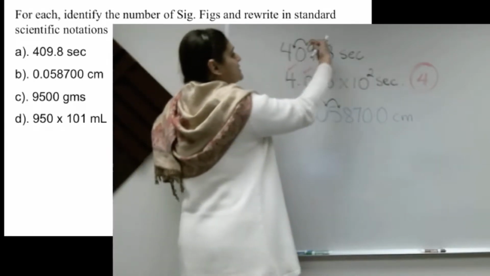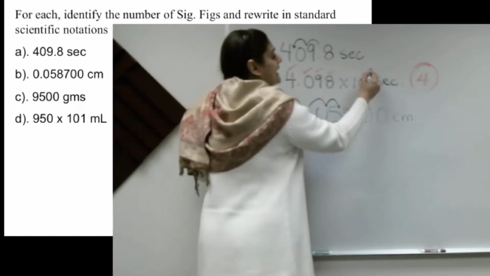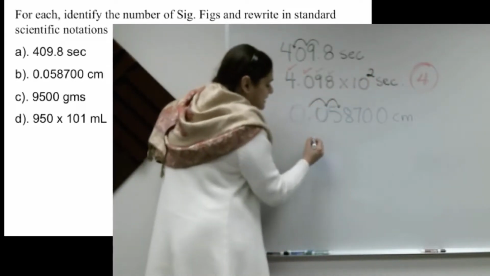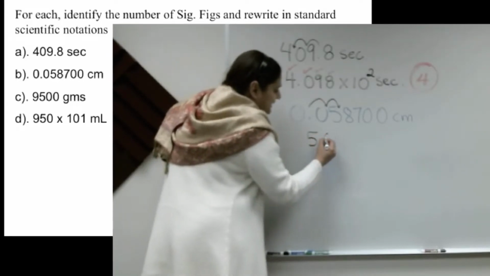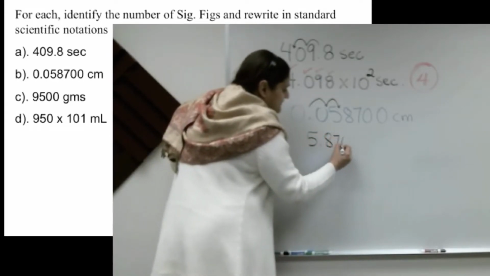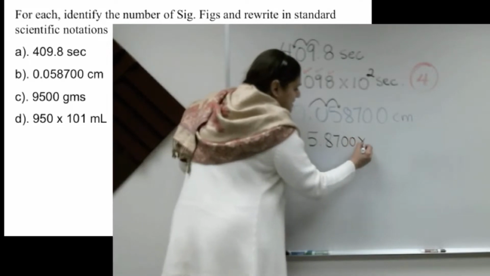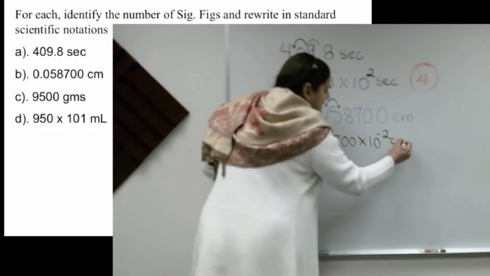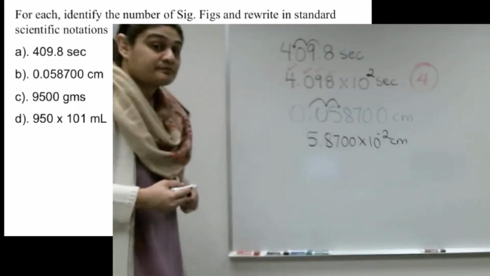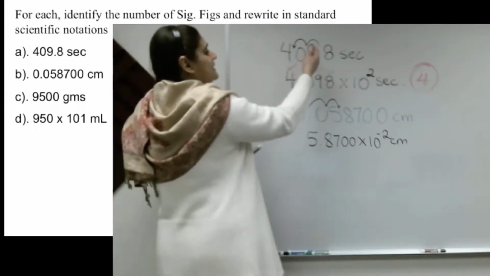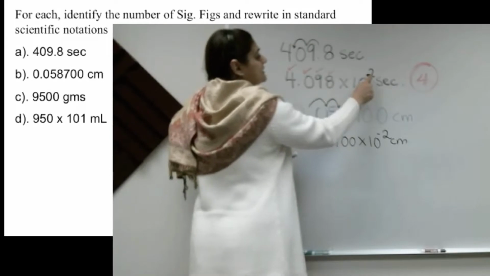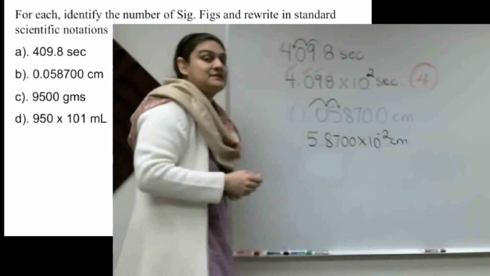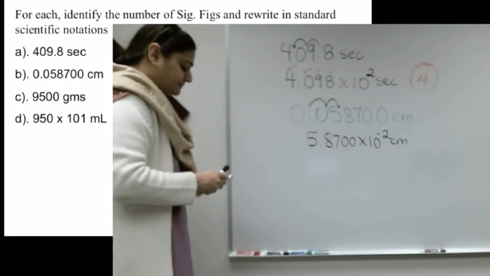So moving towards the left, I added a 2 here. Now I'm moving towards the right. So this answer will be 5.8700 times 10 to the -2 centimeters. Do you see it? Moving to the left, I added a +2. Moving towards the right, I added a -2.